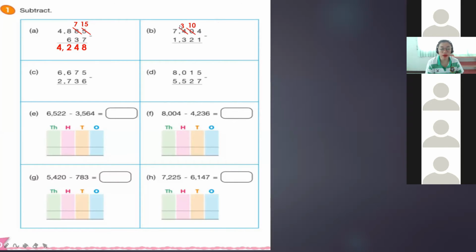So we have to borrow from 4. So 4 becomes 3 and 0 becomes 10, so that we can subtract the minuend and the subtrahend. Let's start from the ones place. 4 minus 3 is 3. 4 minus 1 is 3.